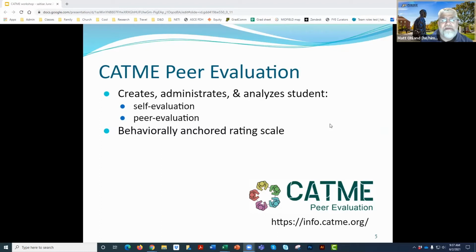And that system allows an instructor to create and administrate peer evaluations, and it post-processes that information in order to analyze both student peer evaluations and self-evaluations and identify certain key features of those. And so you'll see those in discussion and how they're used with the upcoming case studies.